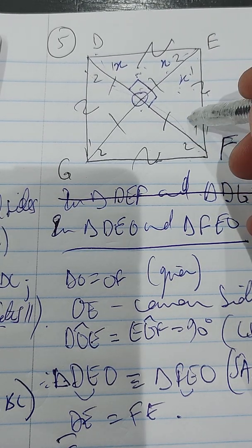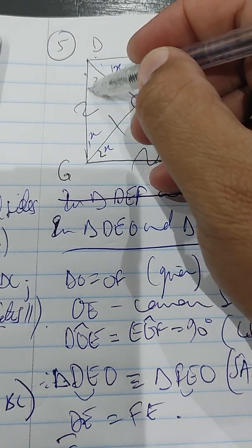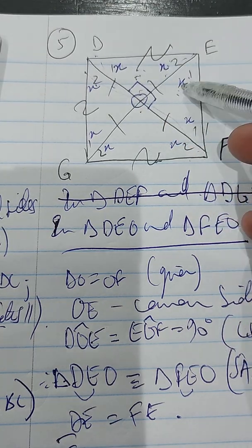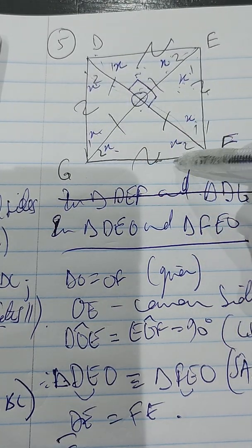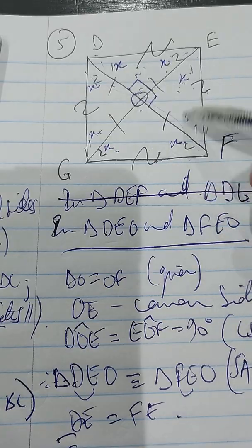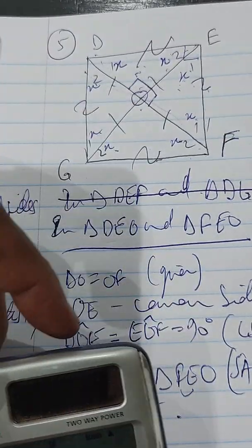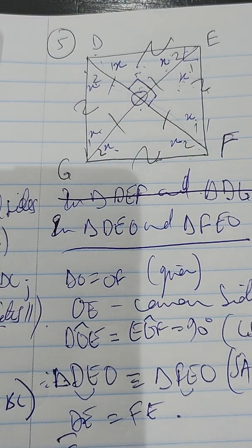That will be x. This will be x. Why? Because they're all congruent triangles. At this point, we proved all is congruent. So x plus x plus x plus x plus x plus x plus x plus x adds up to 360. 360 divided by 8 is 45. So therefore E1 and E2, the combination thereof, is going to be 90 degrees. Okay.